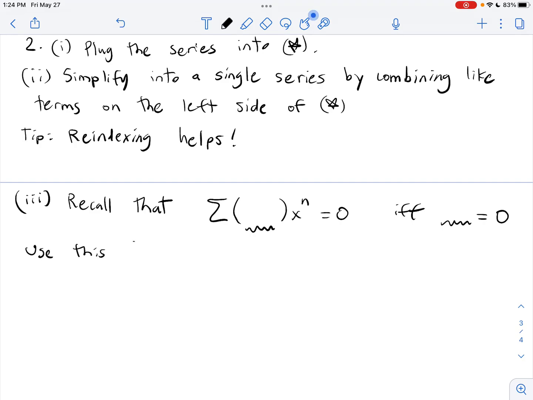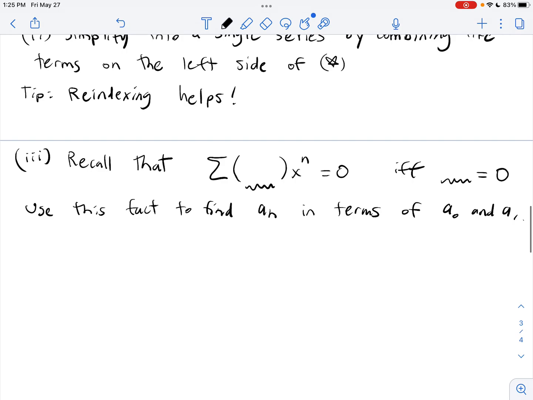Use this fact to find a n in terms of a naught and a 1. So note you will need to consider two cases.